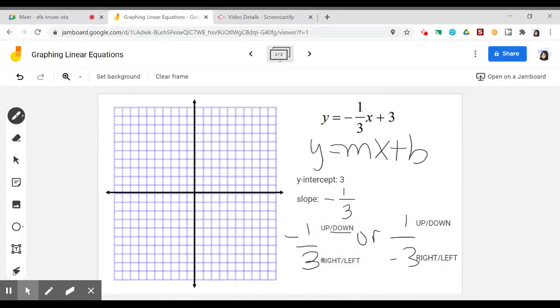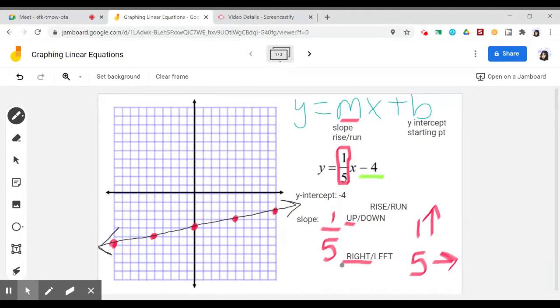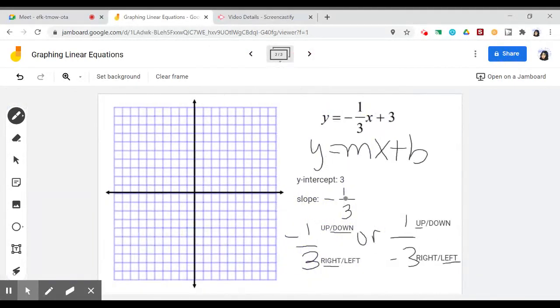But my 3 is positive, that's telling me to go right. And in this case, my 1 is positive, it's telling me to go up. My 3 is negative, it's telling me to go left. Remember, just like last time, you could also graph the opposite. I wrote it out 2 different ways.